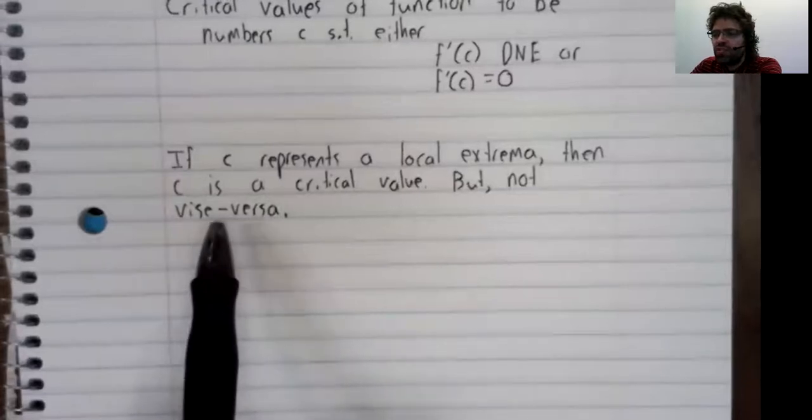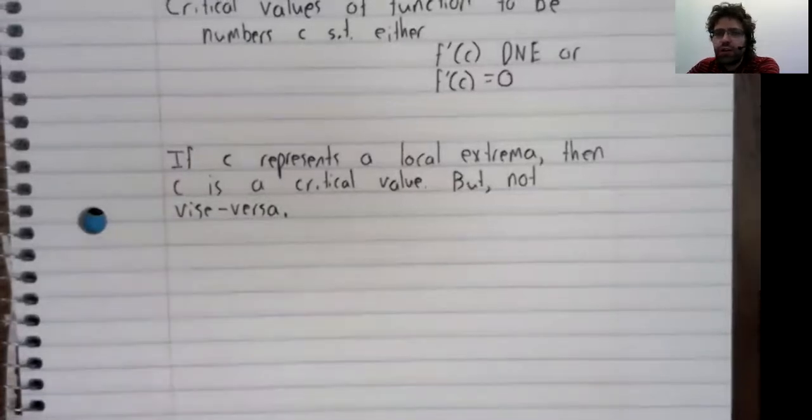How do we decide whether a critical value represents a local extremum? But we won't do that just yet, and we don't need to know the answer to that for our goal of finding absolute extrema.